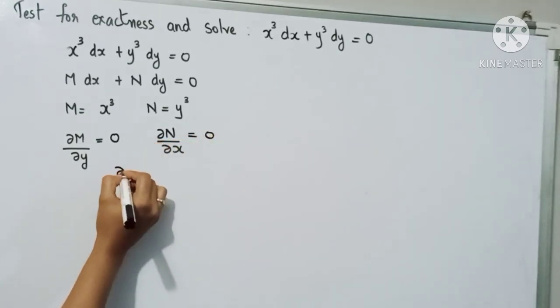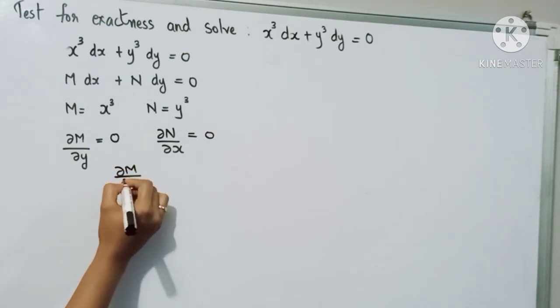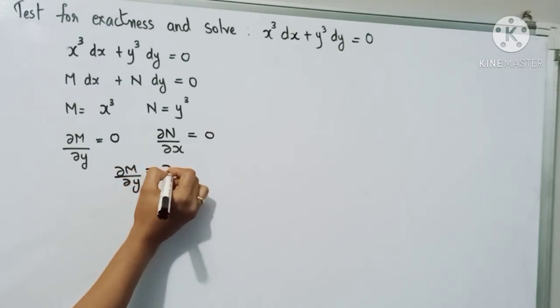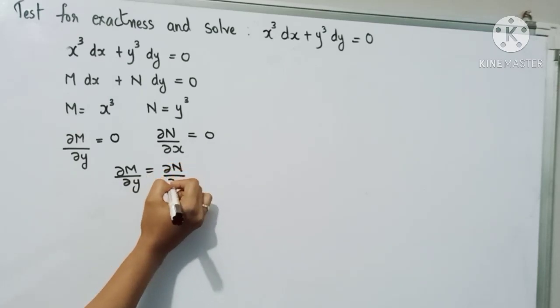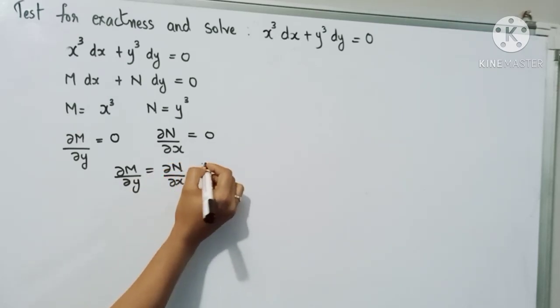From this it is clear that ∂M/∂y is equal to ∂N/∂x. That means it is exact.